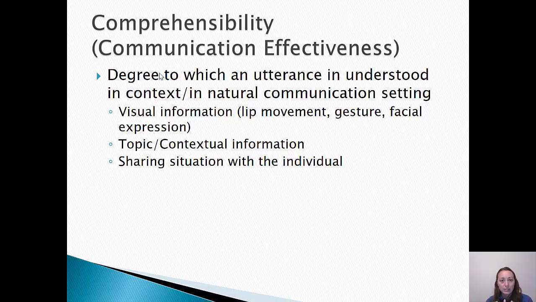Whether that's gestures, facial expressions, lip movements, prosody, all of those other pieces to help get that message across, providing topic maintenance, contextual information, all of those other things that we utilize, sort of like what we do for oral rehab.